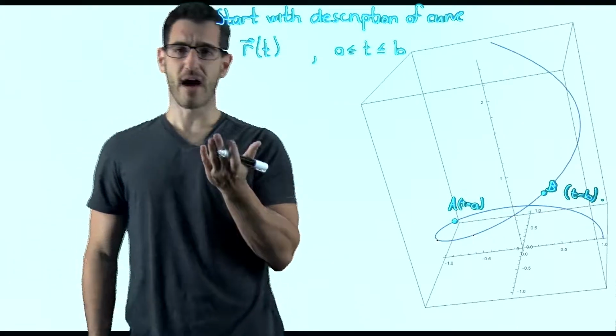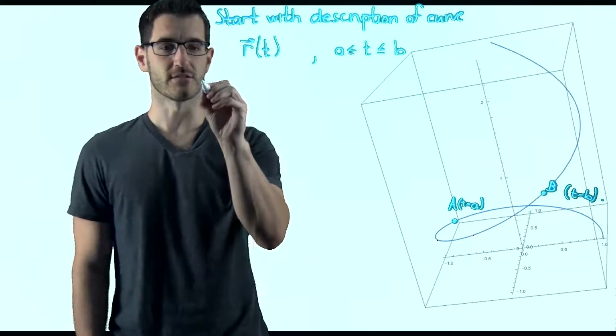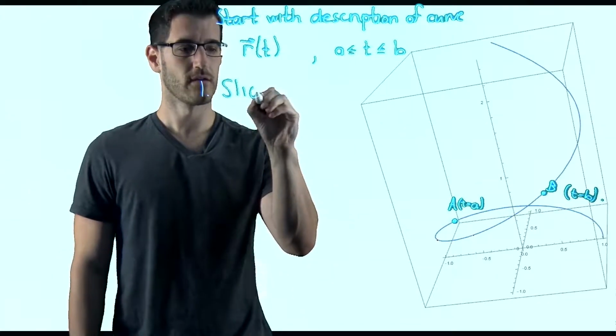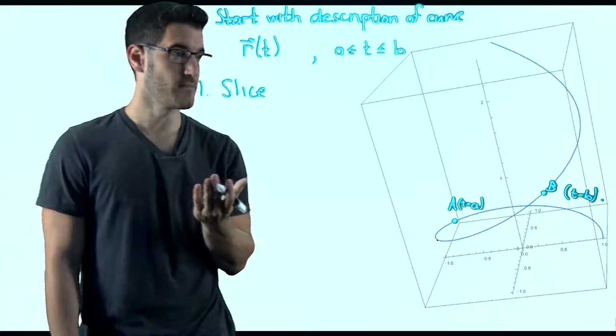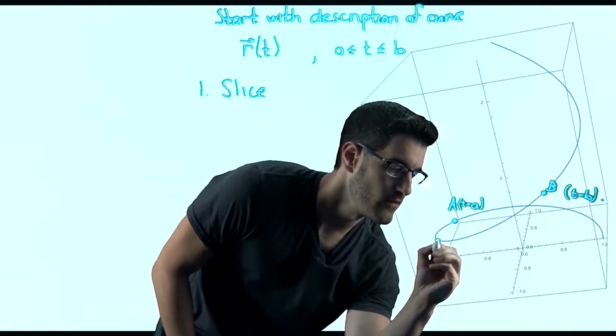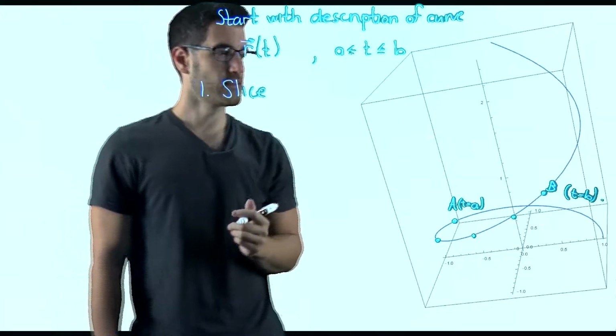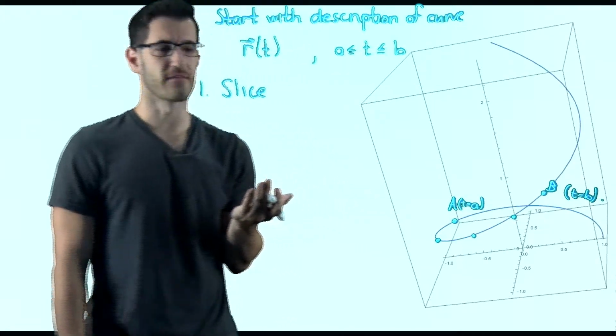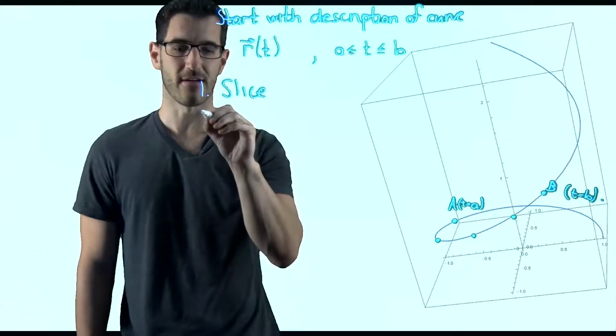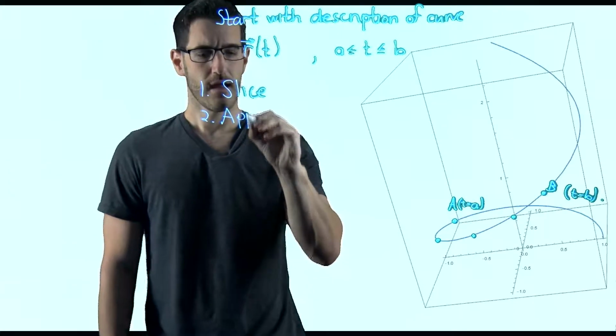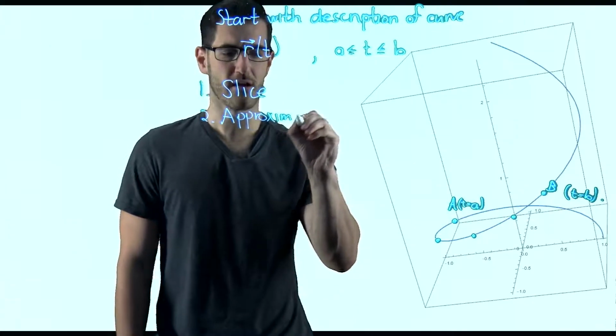Well, in order to find this length, we're going to use a familiar procedure. What we did before was we would slice the curve up. So we will pick a couple points on that curve. And then what do we do with those different slices? Well, we approximate them. And what should we approximate them as?